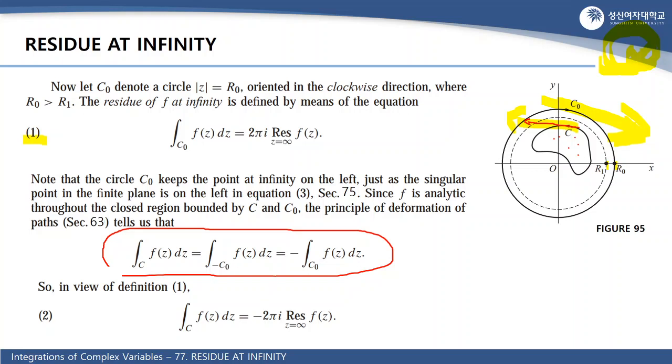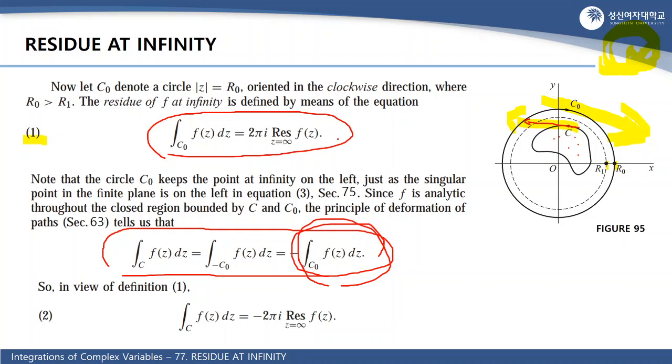We can rewrite this by pulling the negative sign outside the integral. And we have definition 1 for the residue of f at infinity, so this part can be replaced with 2 pi i times the residue of f at infinity. Then we get this result, equation 2.